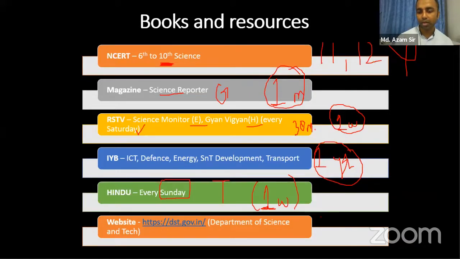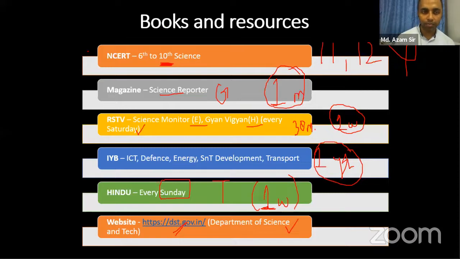Whatever new technology the Indian government has developed in the different sectors will be uploaded on this government website, dst.gov.in. You can refer to it once a month, and that would be sufficient.